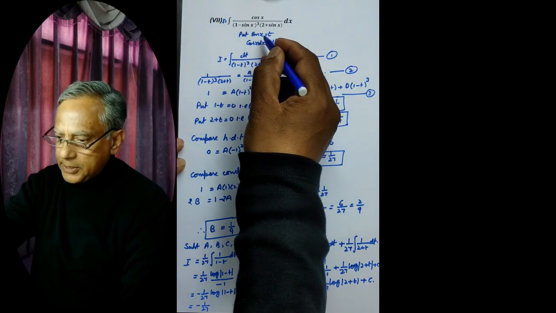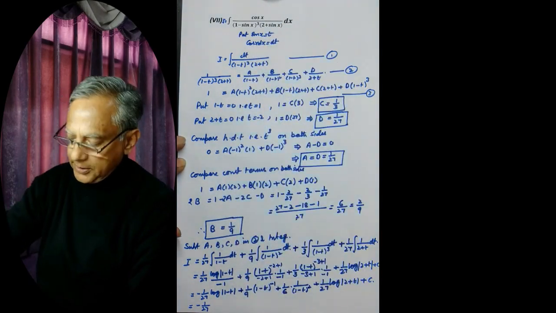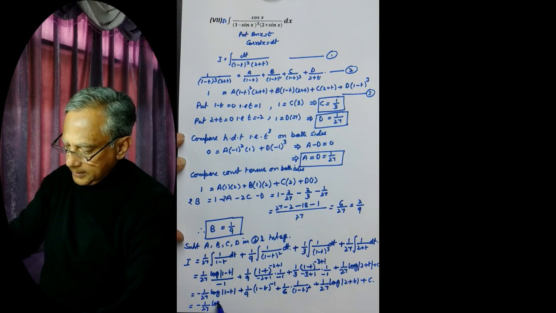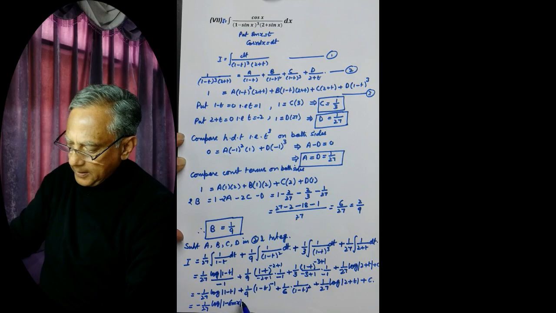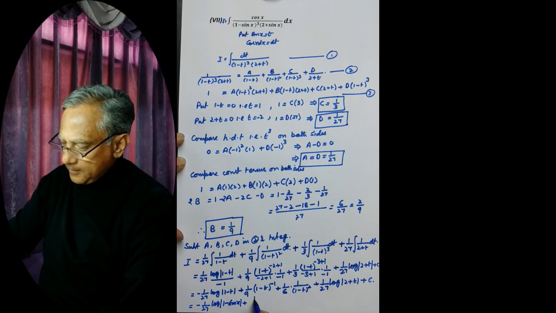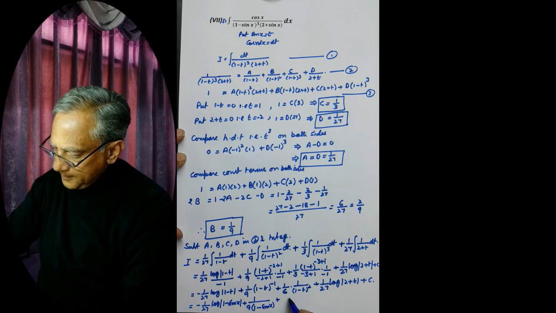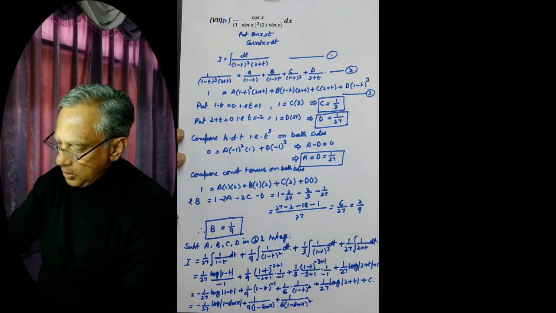And this is equal to minus 1 by 27 into how much is t? T is sin x. So we put t equal to sin x. 1 minus sin x plus 1 by 9 into 1 minus sin x plus 1 by 6 into 1 minus sin x whole square.